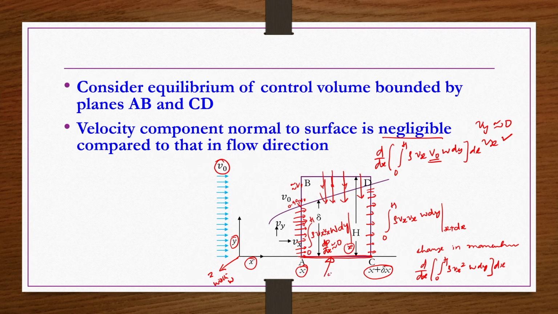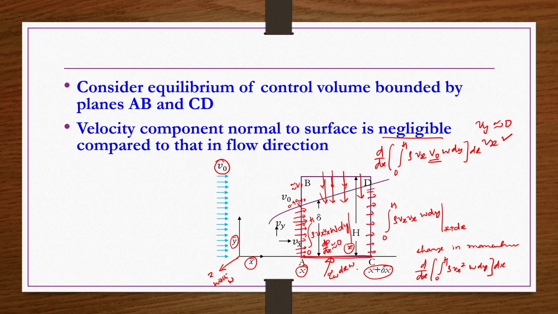So the only force acting at the AC plane is the shearing force. Let us call that shearing force tau W, and the area of this plane through which the shearing force enters the fluid is the size of this plane in the x direction, dx, times the size of plane AC in the z direction, W. So tau W times W dx.